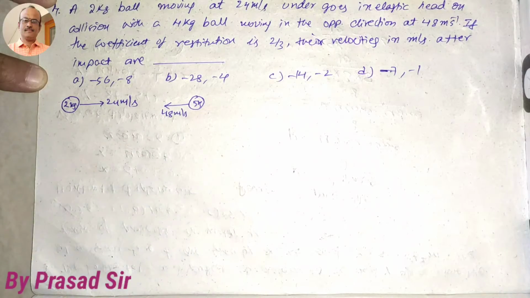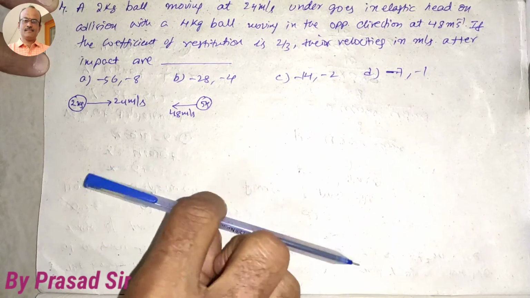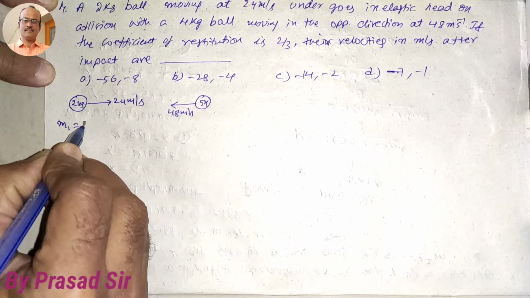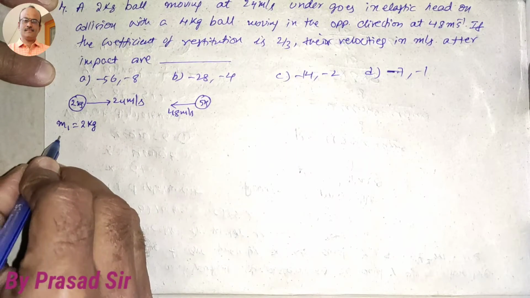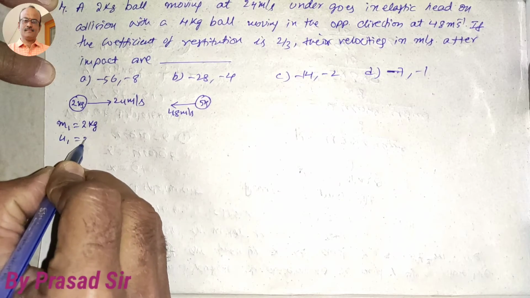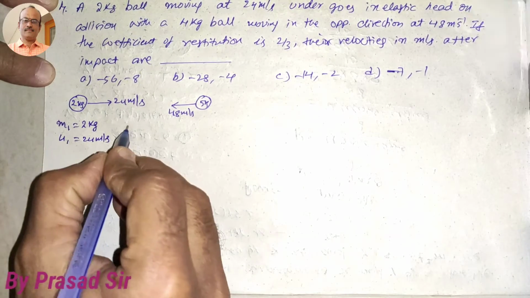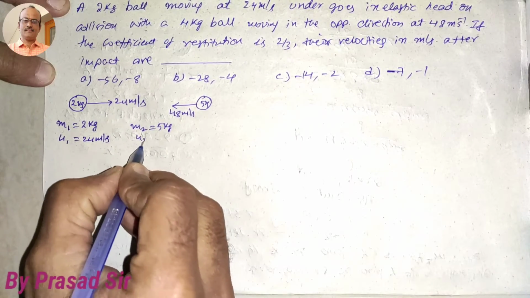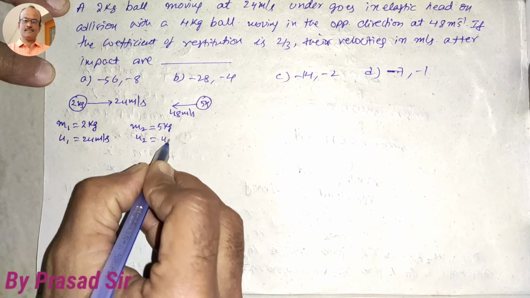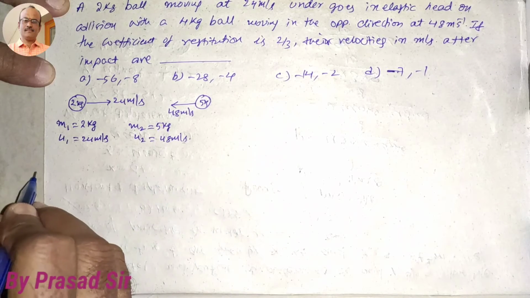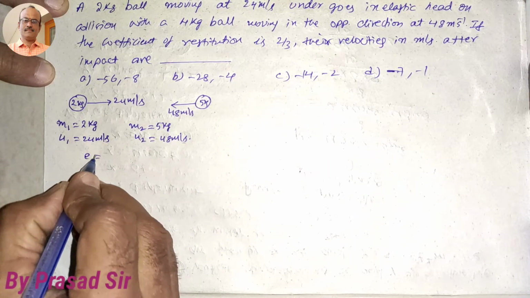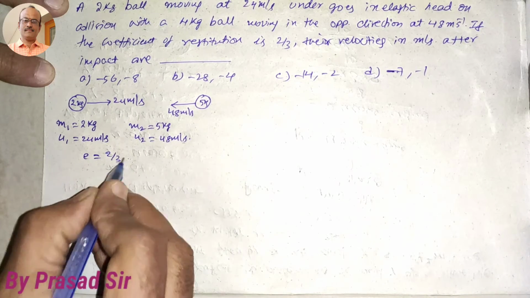So that means here m1 is equal to 2 kg and u1 is equal to 24 meters per second, but m2 is equal to 4 kg and u2 is equal to 48 meters per second. After the impact, e is the coefficient of restitution, e is equal to 2 by 3.